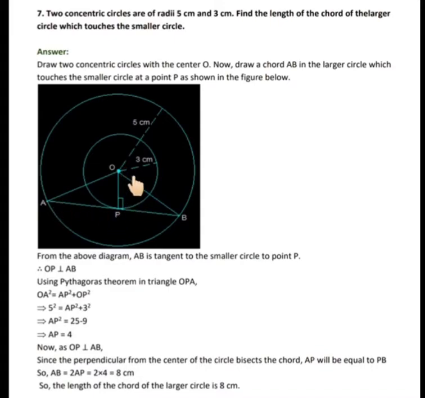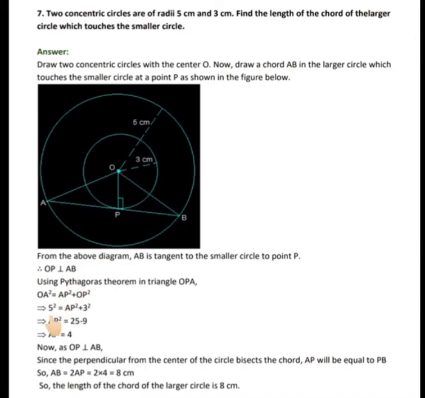And see, the hypotenuse of this triangle is equal to the radius of the larger circle, or outer circle, which is 5 centimeter, and OP is the perpendicular of the considered triangle, and at the same time OP is the radius of the inner circle, or smaller circle. So OA is 5 centimeter and OP is 3 centimeter.